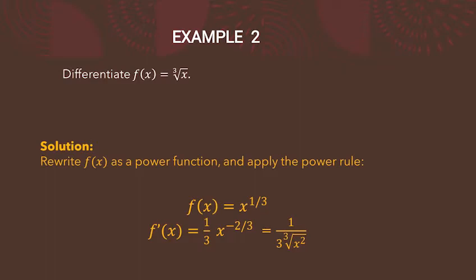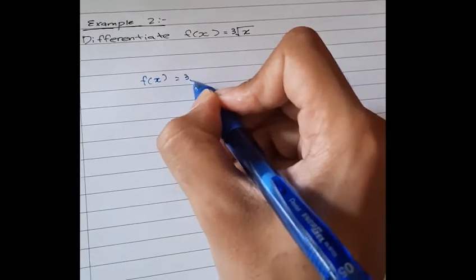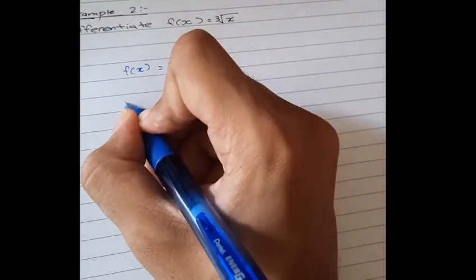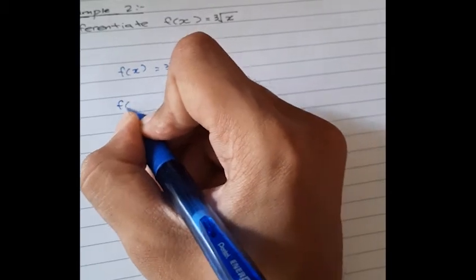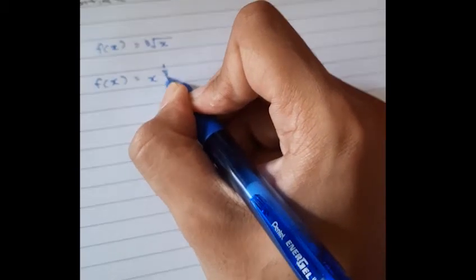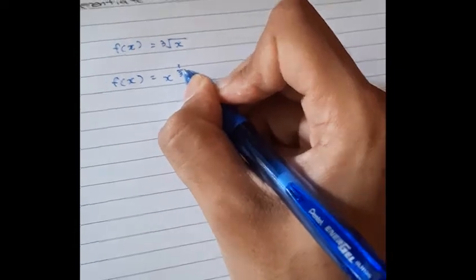Example 2 is a bit more complicated. f(x) equals cube root of x. We write the formula f(x) equals x power 1 over 3, because cube root changes to power 1 over 3.